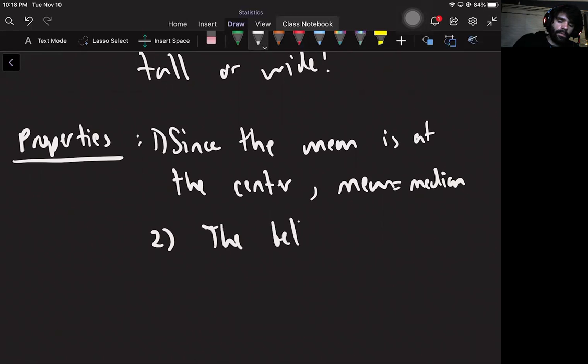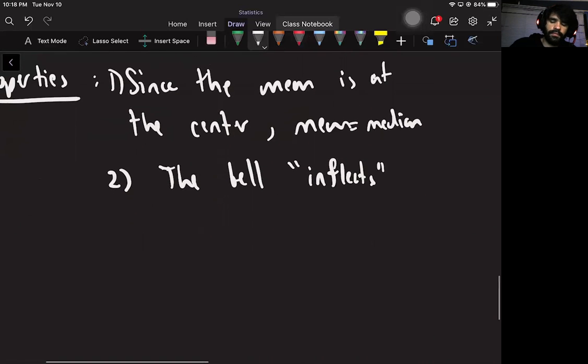The bell inflects, so I'll tell you what that means in a second just by drawing. It inflects at the first standard deviation.